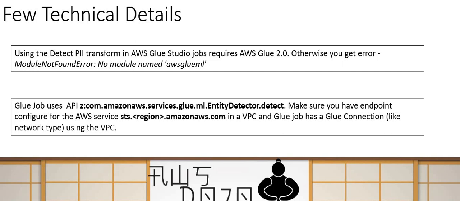If you do that, the whole thing will work. Otherwise, the Glue job fails, saying it's not able to reach the STS service. You can use both a NAT gateway and an endpoint with your VPC, and then use the Glue connection with the VPC to create a network path from your Glue job to the STS service. Okay, so these two technical things you have to take care of.